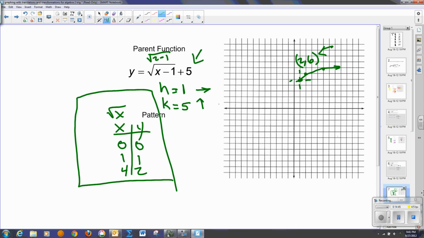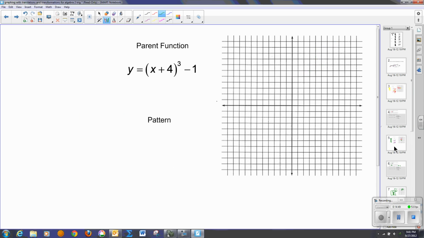Let's do another example. Here's a similar problem. I have an h and a k value. My h in this case I don't really know yet because I don't have it following a subtraction sign. So h is always inside the function, and the function in this case is x cubed.